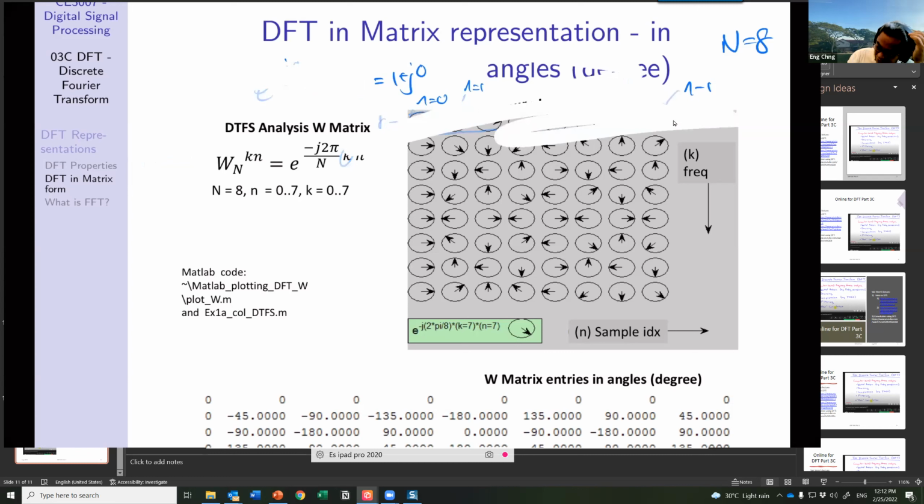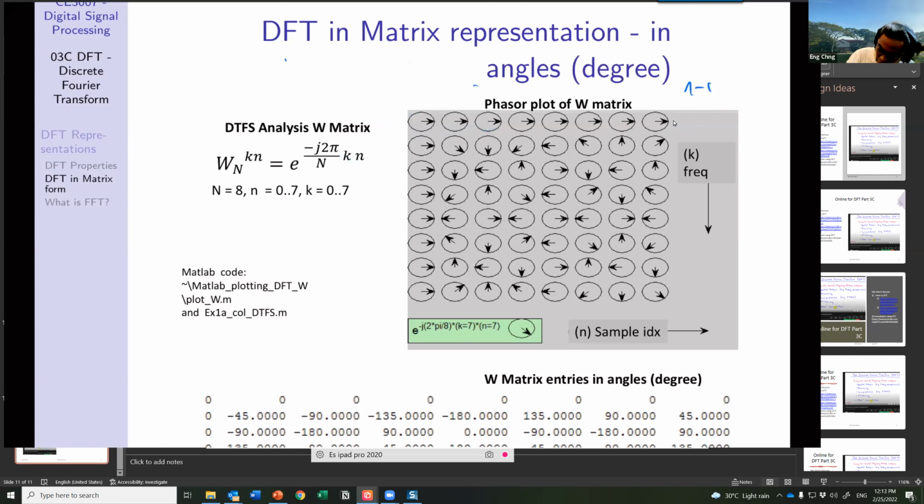Now, if you have figured this out, let's try k equals 1. When k equals 1, n equals 0 to N minus 1. So what do you think this is? It's 2π divided by 8. I have just divided a circle into 8 different parts.